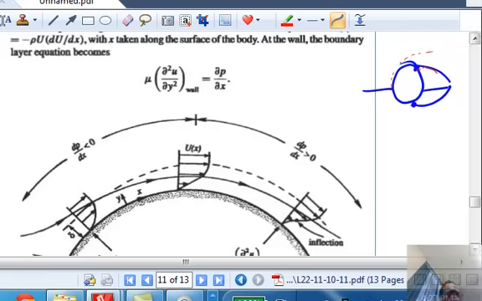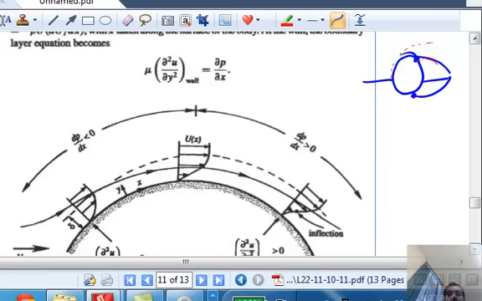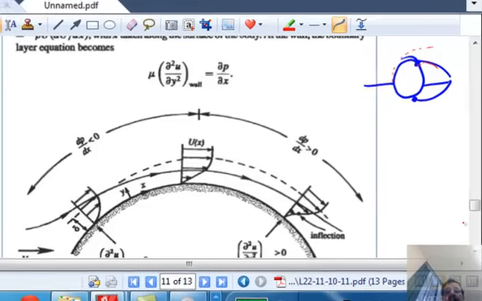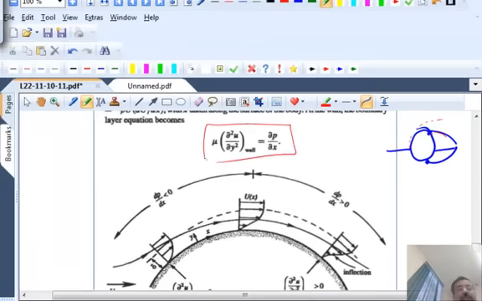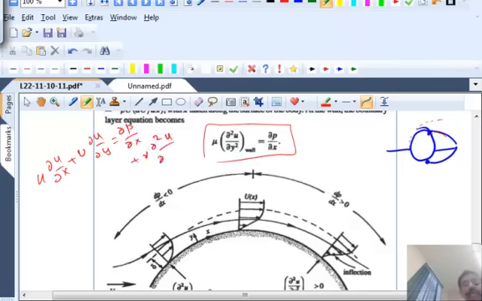So what happens at the separation point to the flow field? And once again, we do the same sort of analysis that we just did. u du/dx plus v du/dy equals minus dp/dx plus nu times d squared u/dy squared.